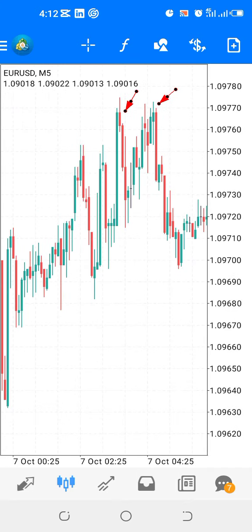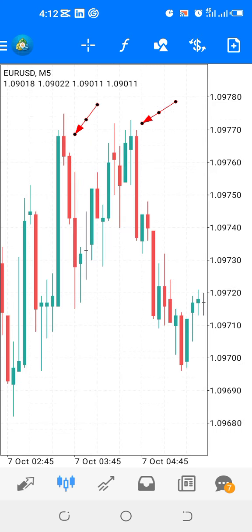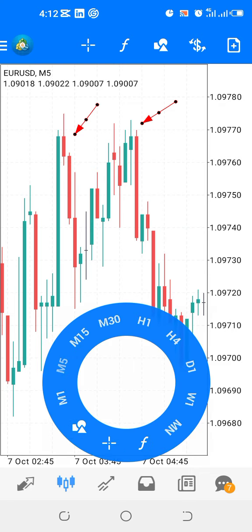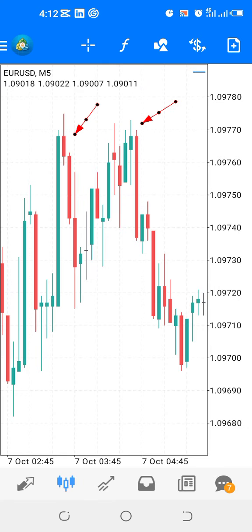So how do we enter the trade? The moment we spot a double top or a double bottom, we wait for the candle to reverse. We identify what we call the neckline, a kind of horizontal break.